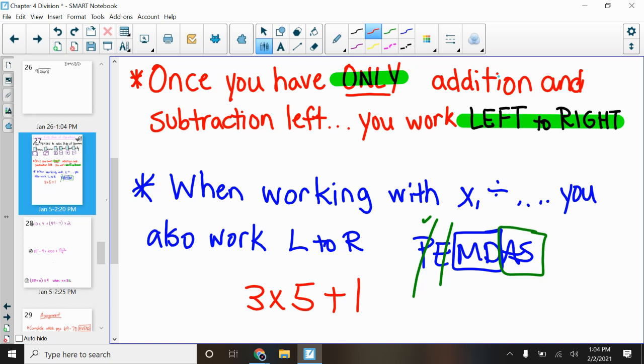Because the multiplication or division must come before the addition and the subtraction. So this is what you would do first, okay? Once you've done all the multiplication and the division, then you're ready to start looking at the addition and subtraction stuff. And again, you work those left to right.